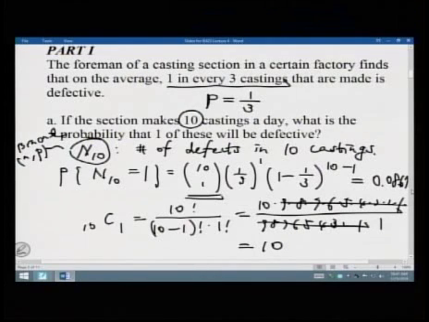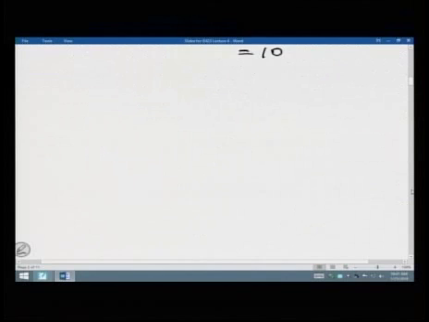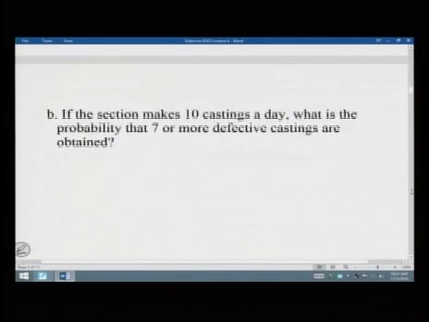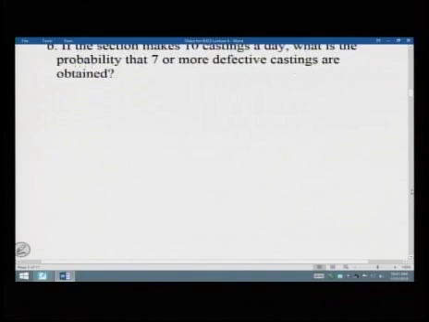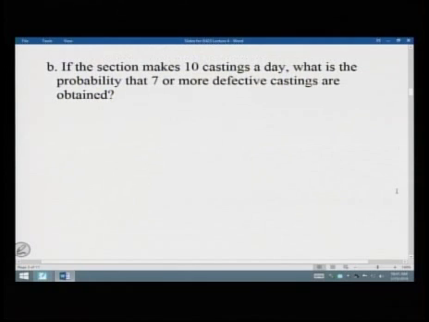Okay, so let's move on to the next question. If the section makes 10 castings a day, what is the probability that 7 or more defective castings are obtained? So it looks like we can still use the same random variable that we defined earlier, right?